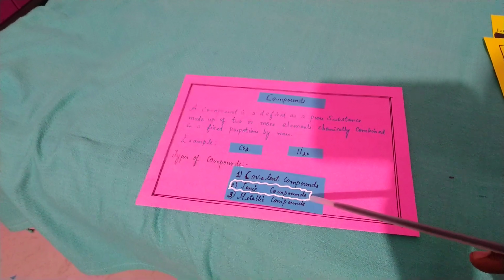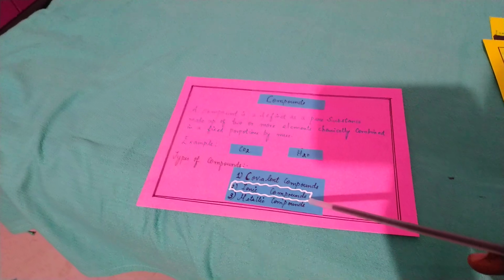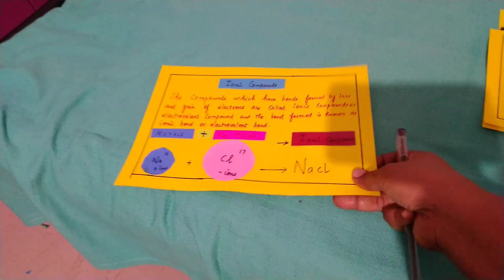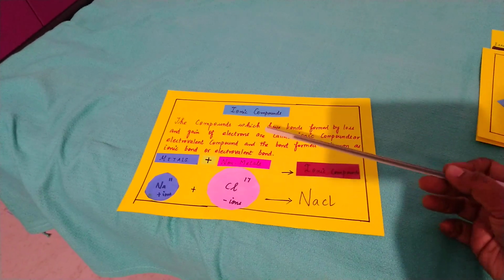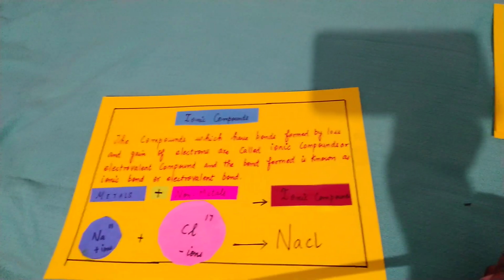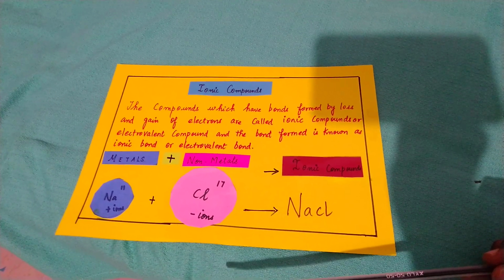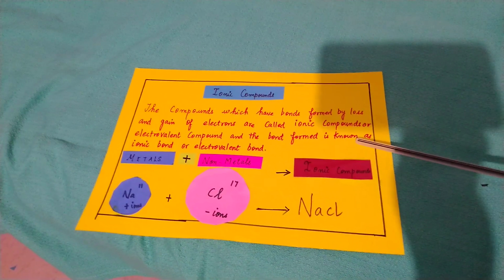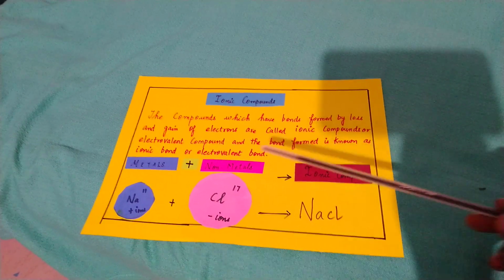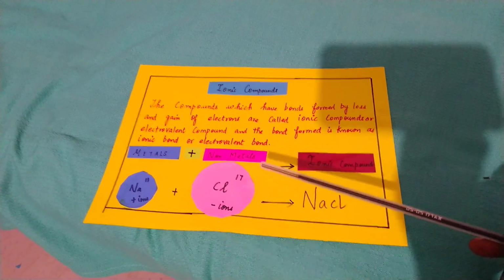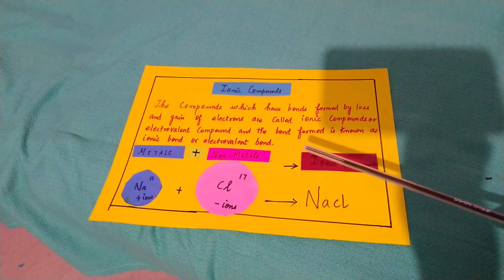Today we are going to see more details about ionic compounds. Moving on to the next pamphlet. So what are ionic compounds? The compounds which have bonds formed by loss and gain of electrons are called ionic compounds or electrovalent compounds, and the bond formed is known as an ionic bond or electrovalent bond.